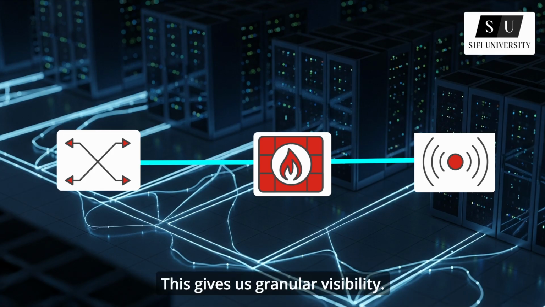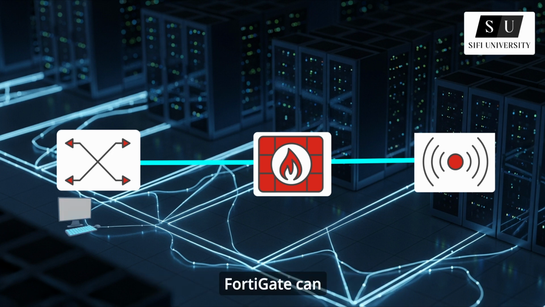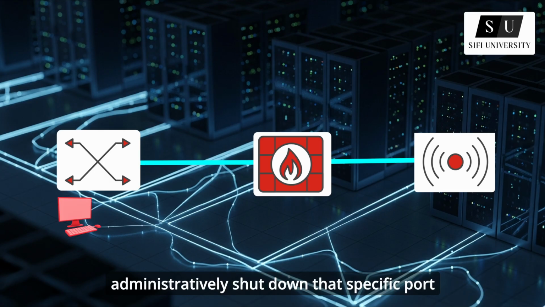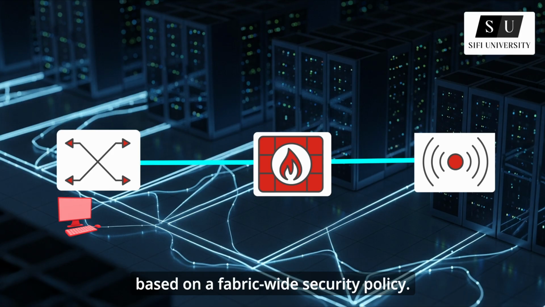This gives us granular visibility. So if a port on a switch at a certain branch office sees malicious traffic, FortiGate can administratively shut down that specific port based on a fabric-wide security policy. So we move from defending a perimeter to defending all the endpoints.